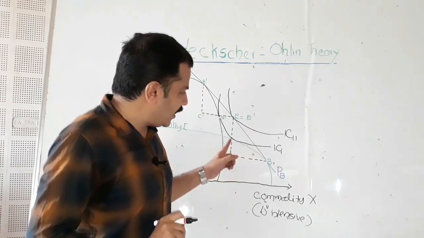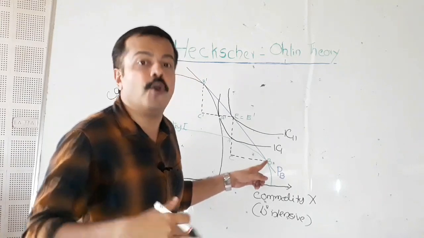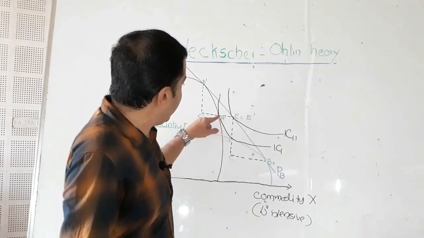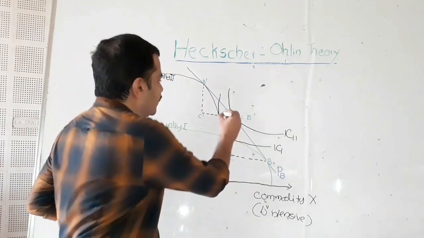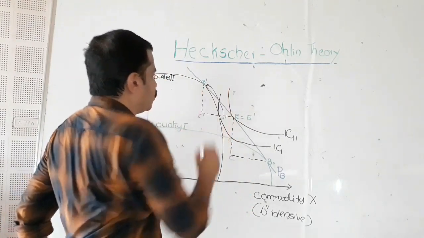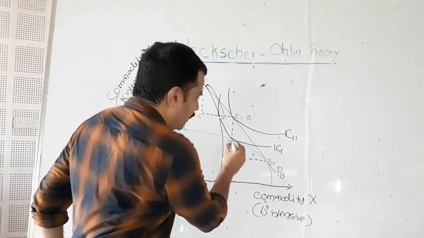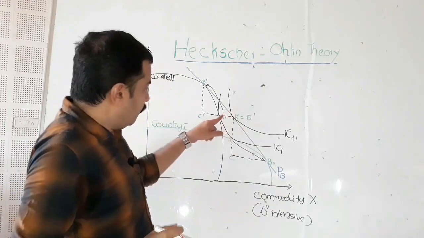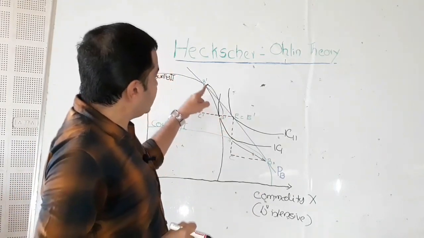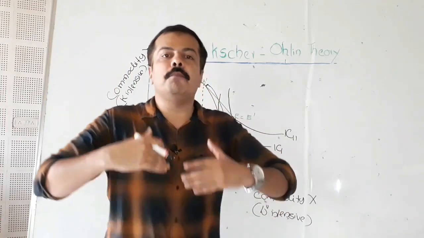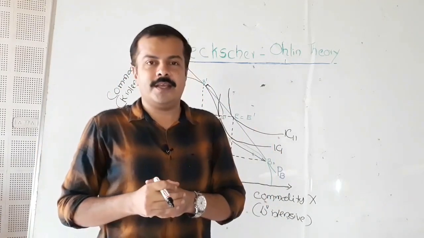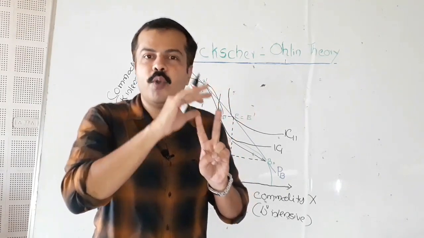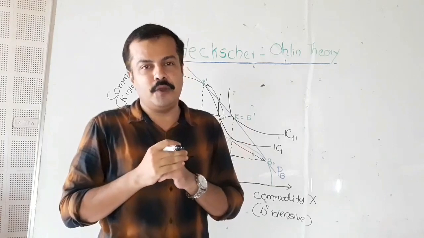That's why country 1 now will produce at point B more of commodity X. Country 2 will move from point A dash to point B dash. When country 2 moves from A dash to B dash, it produces more of commodity Y, because country 2 is a capital rich country and commodity Y is a capital intensive commodity as well.